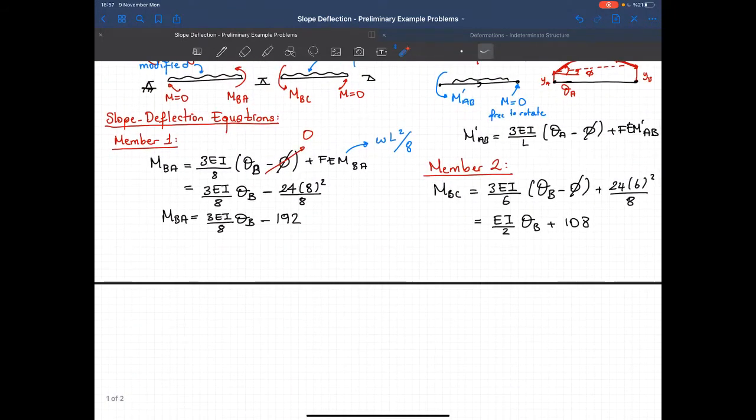Now, as a final step, let's write down the equilibrium equation.